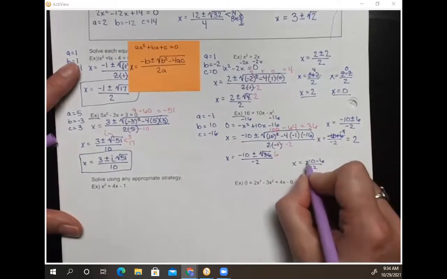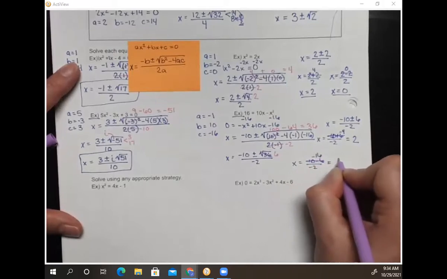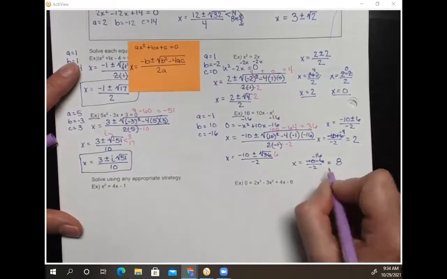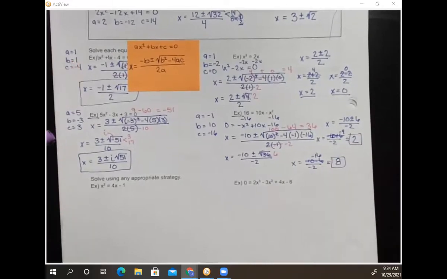And then -10 minus 6 would be -16. -16 divided by -2 would be +8. So 8 and 2 are my solutions there. Questions for me on either of those?